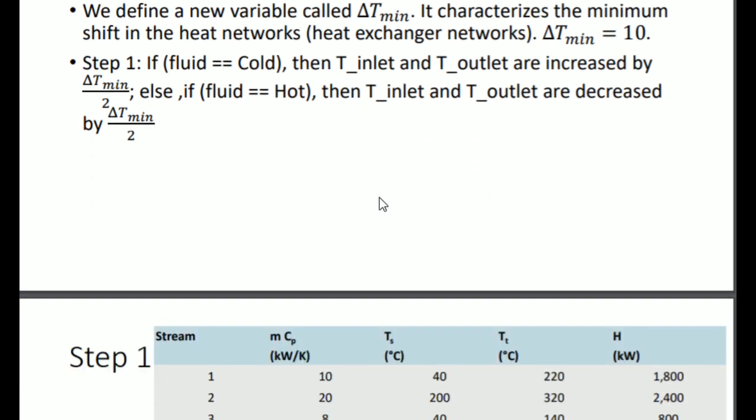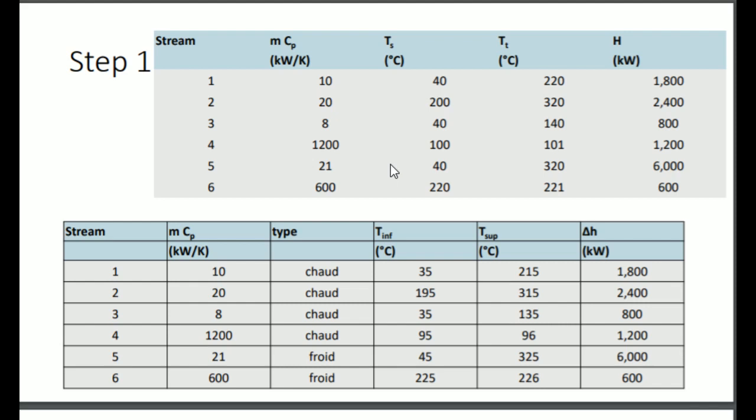So we'll get some kind of table that looks like this. Here we have our streams with our CP, our T of inlet, outlet, and the enthalpy in kilowatts. So it's a flow of enthalpy, so it's units of kilowatts and not kilojoules.